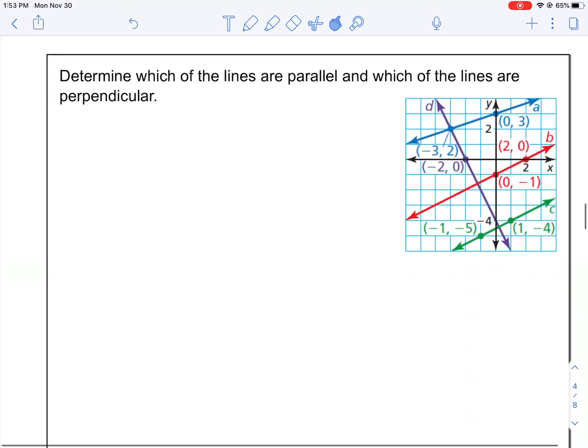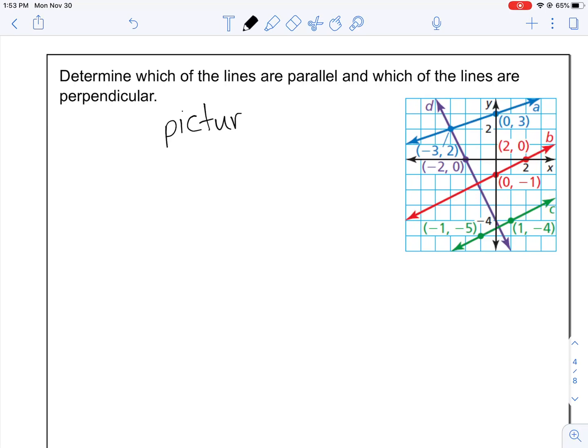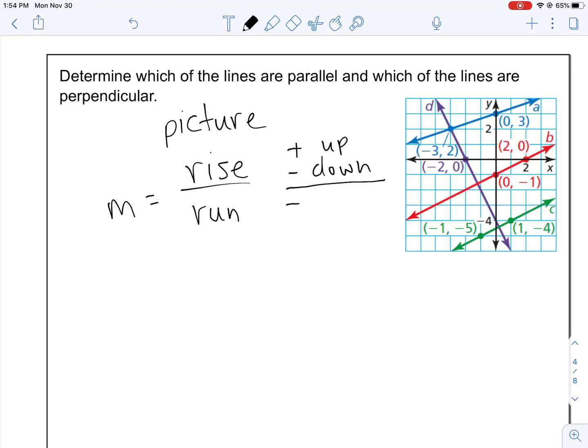Now, just a reminder, if we have a picture, we can do rise over run. Now remember, if you're going up, it's a positive, down is a negative. So that's for the top part. It's positive if we're going right, negative if we're going left.